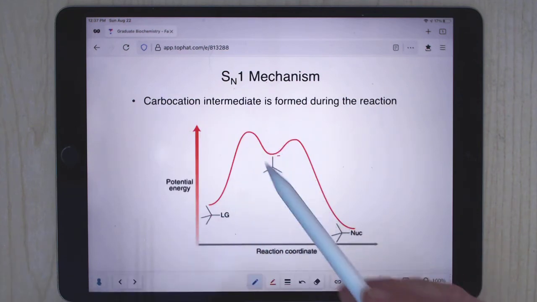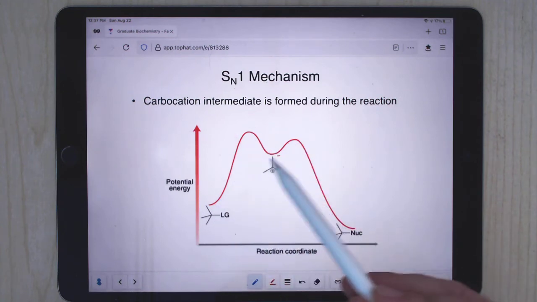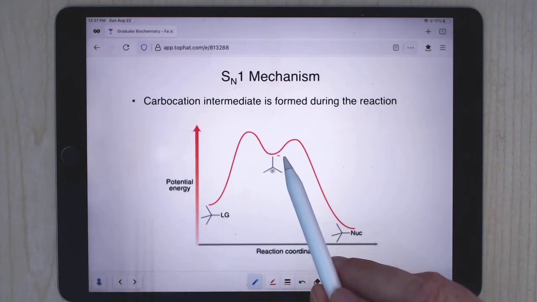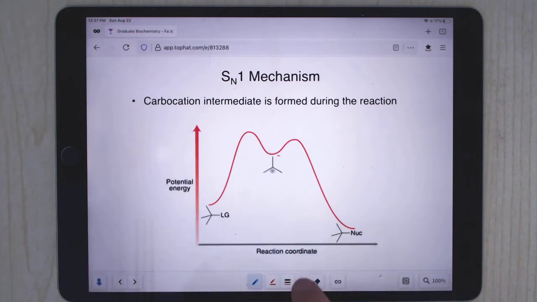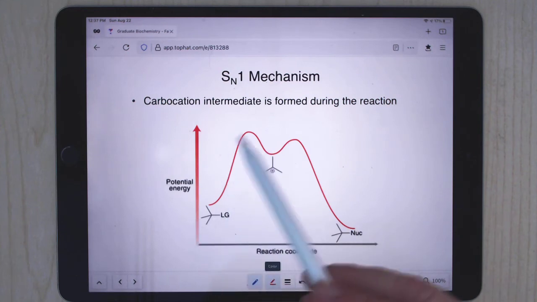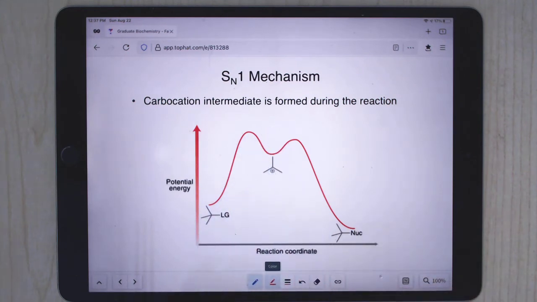So for here we have an intermediate. A carbocation intermediate is formed, and so we have these two little humps with an intermediate, a sort of rest area in between. But the first step of this reaction is going to be rate determining.